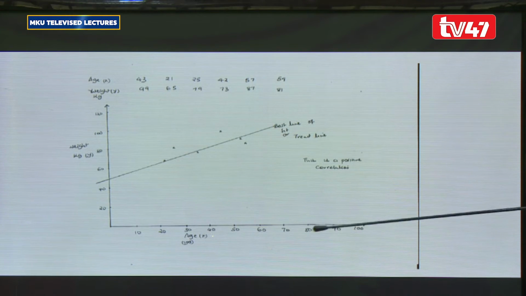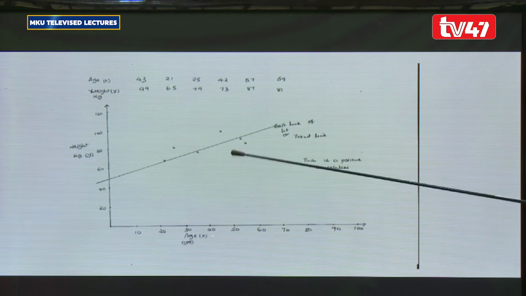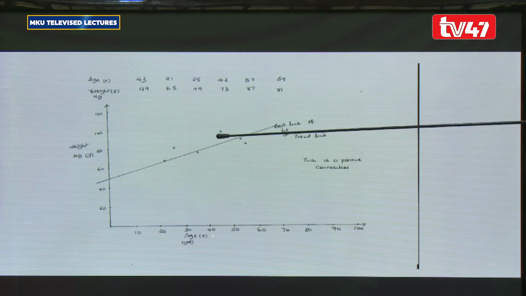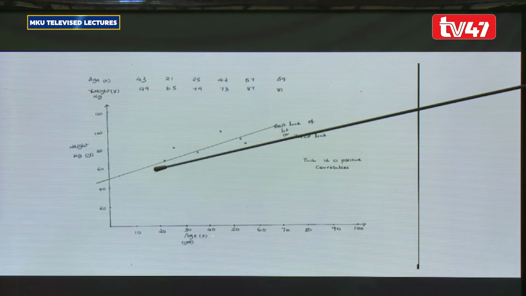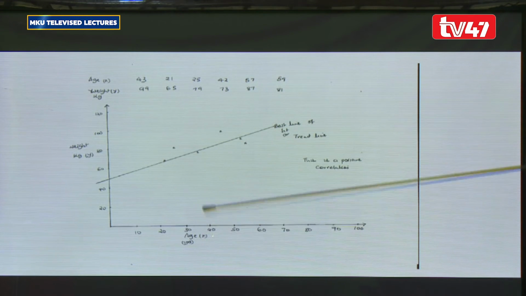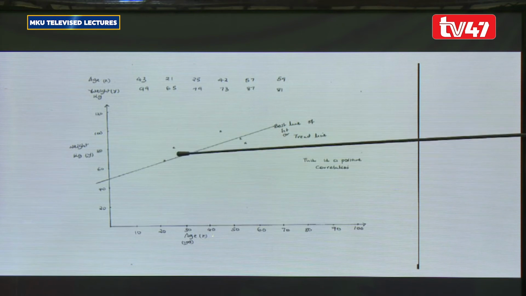From there, take a ruler, see whether you are able to join all the points, or at least most of them, to be on the line, with some above and others below. And after trying, I found that this line is the one that summarizes that data. And you can see the slope of the line, it is going up.